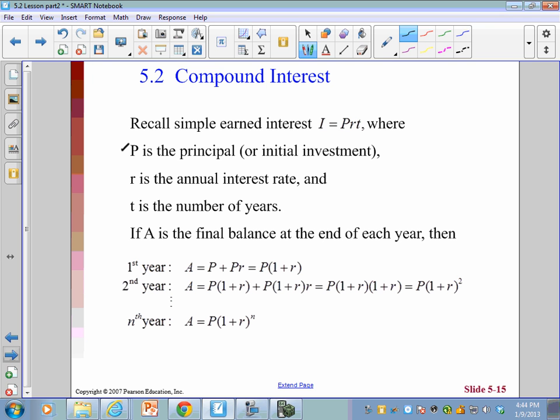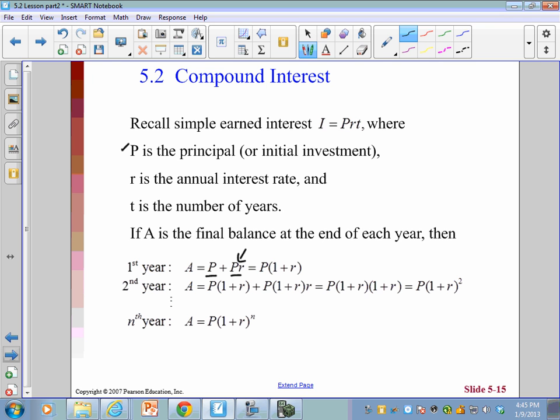Okay, so pretty much how we do the interest on this one is the amount equals the principal plus whatever interest you got, the principal times your rate, and then we would add that principal to the interest you earned. This is the interest you earned, the principal times the rate, and they left off the time because it's just 1 year in this case. So we would add that together at the end of 1 year.